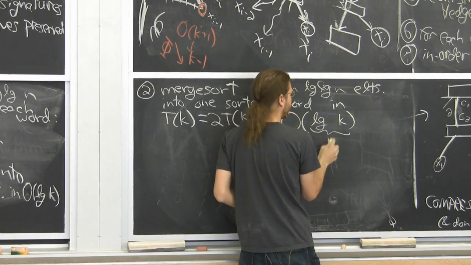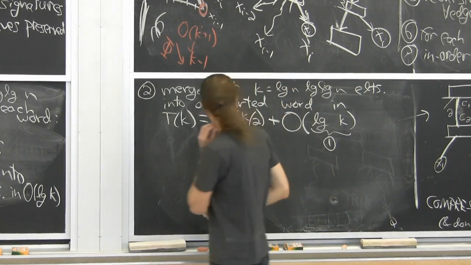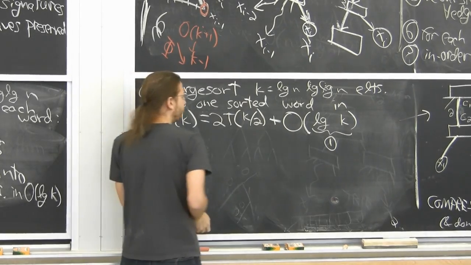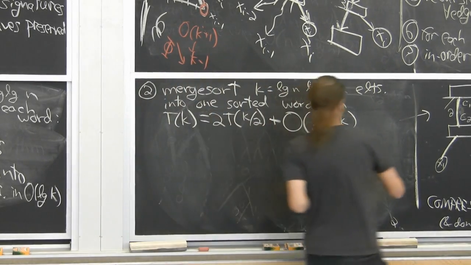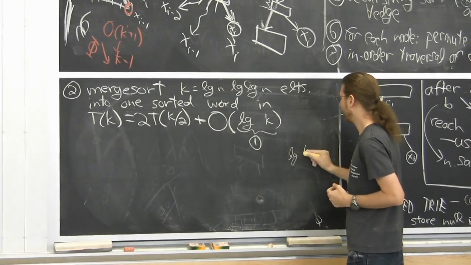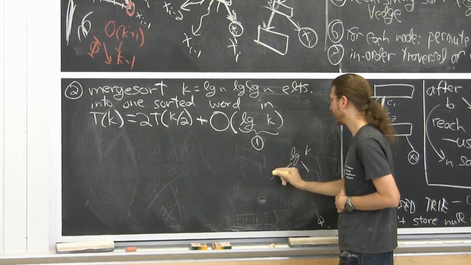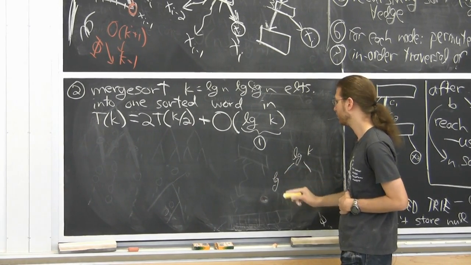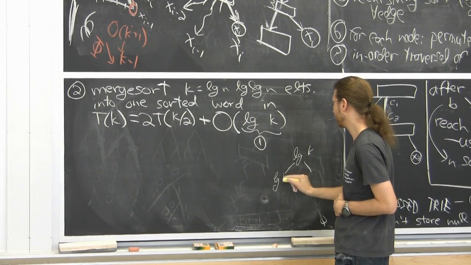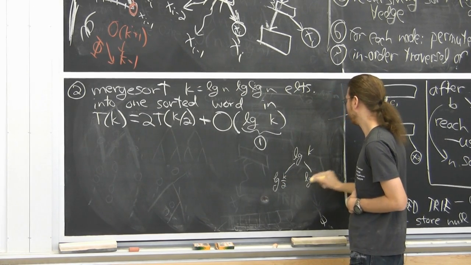So this is step 1. That's our merger. And so what does this solve to? Well, probably easiest to draw the recursion tree. So at the root, we pay log k. Then we have 2 times log k over 2.